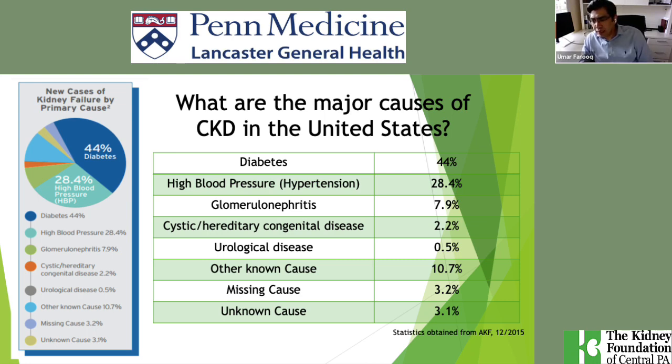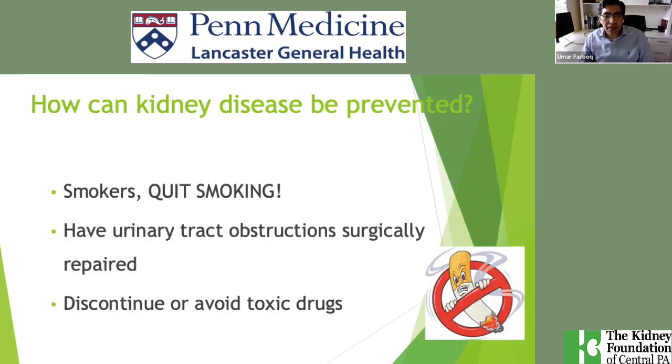So the next, let me make it a little bit bigger so I can see everybody, is, we discussed diabetes and high blood pressure are the two major causes. The question is, how can you prevent it and how can you control it? I think screening is important.